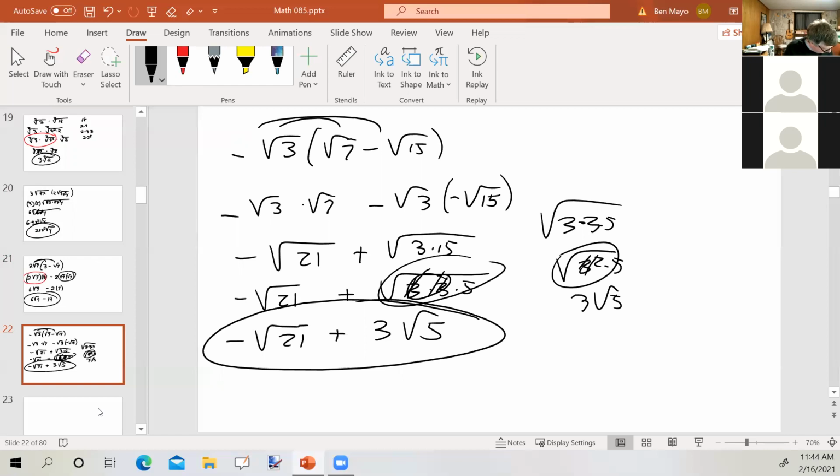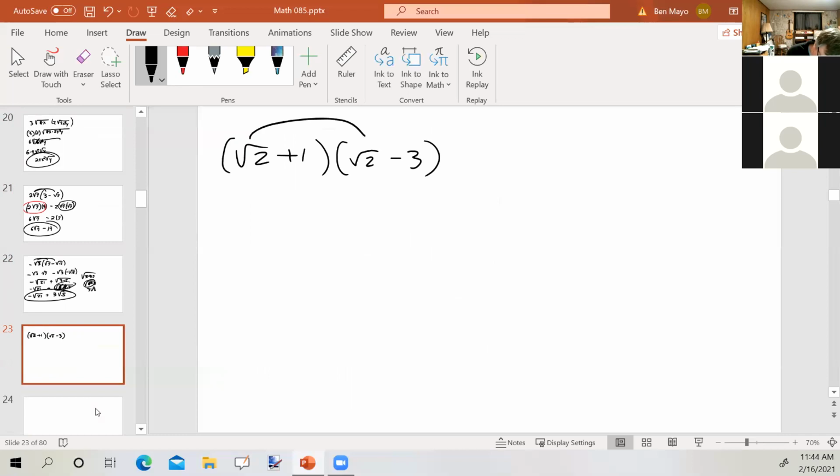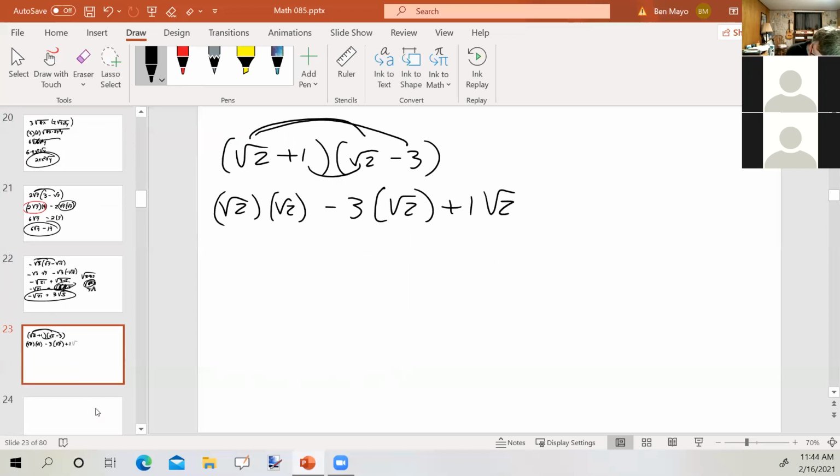Okay. How about this? Now we're going to FOIL 2 expressions together. I've got the square root of 2 plus 1 times the square root of 2 minus 3. So the square root of 2 times the square root of 2 minus 3 square roots of 2 plus 1 square root of 2 minus 1 times 3.